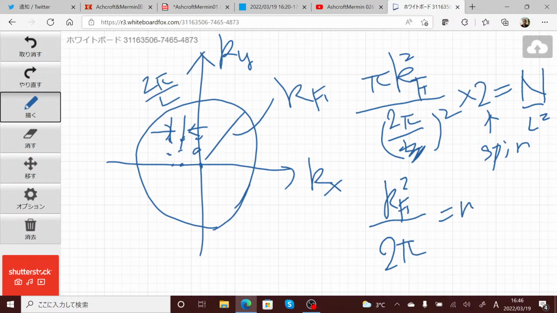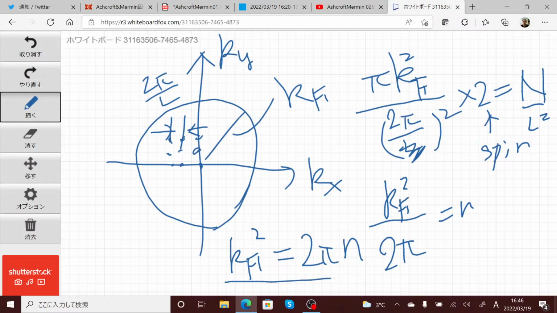This is n. So Kf squared is 2 pi n. This is the answer.